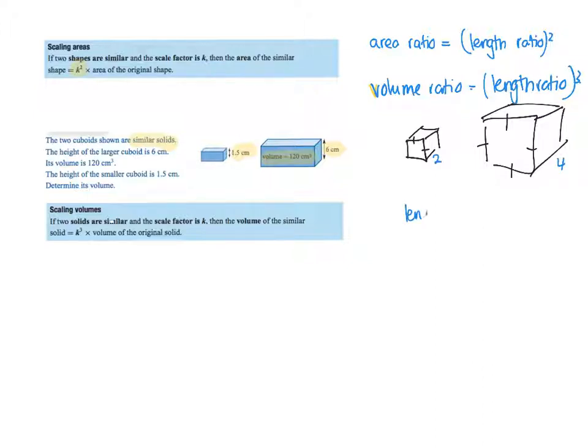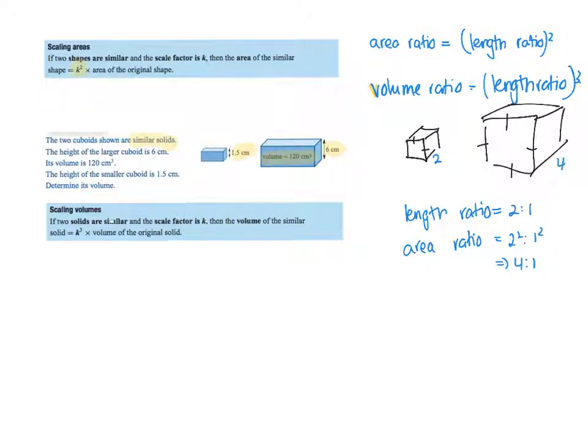So we'd say the length ratio is 2, isn't it? It's 2 times bigger. We can say 2 to 1 if you want. Their area ratio should be 2 squared to 1 squared, so that would be 4 to 1.